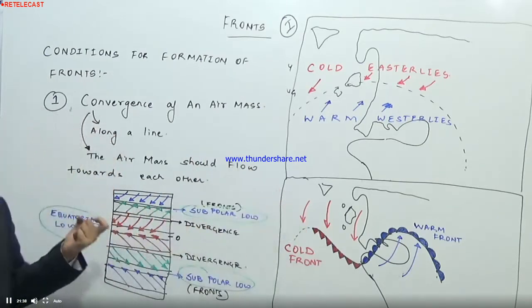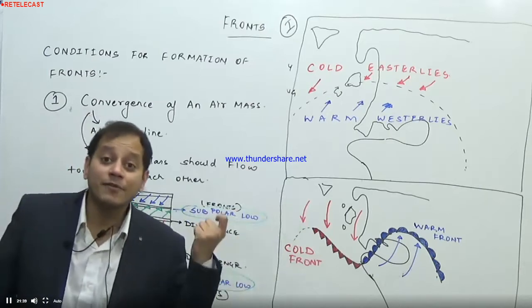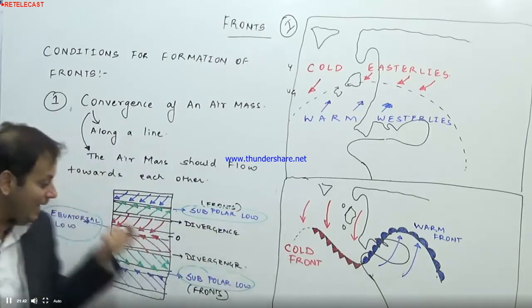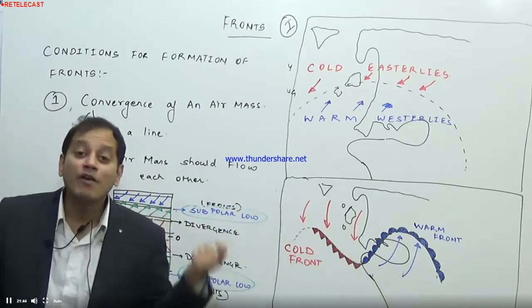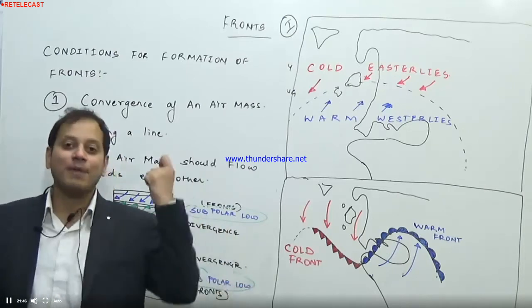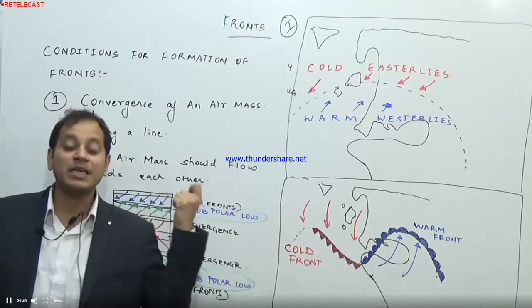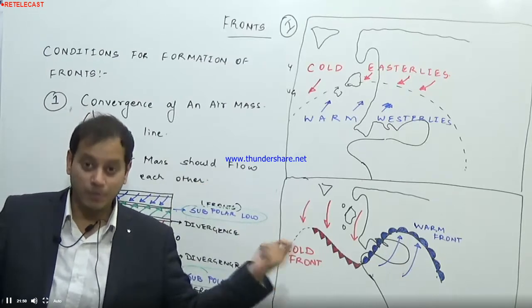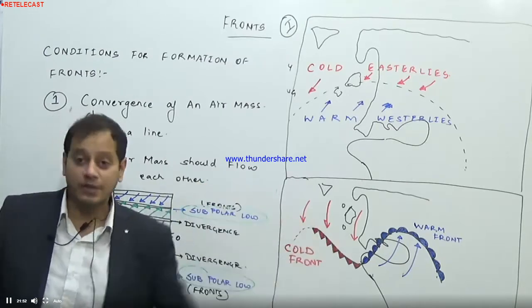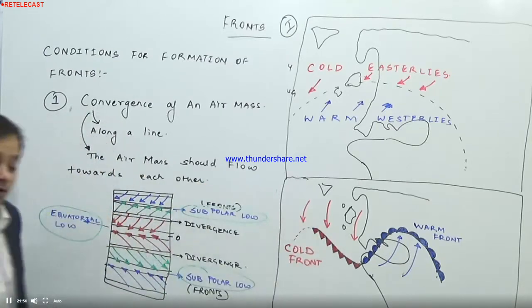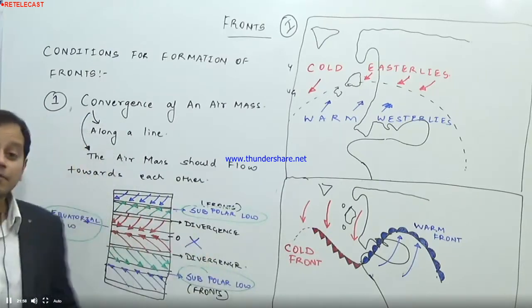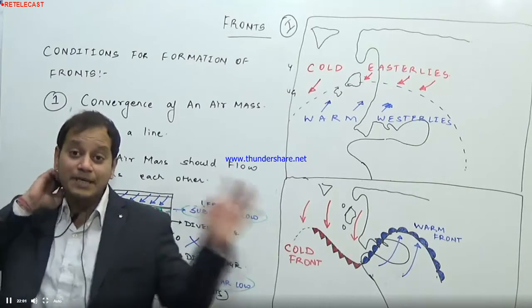So even though there is a convergence, both these winds are of the same type, and hence there is no formation of a front, because by our definition the front should have contrasting properties. The winds should have contrasting properties.